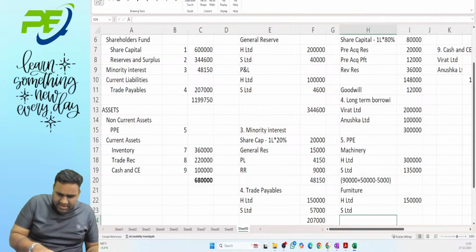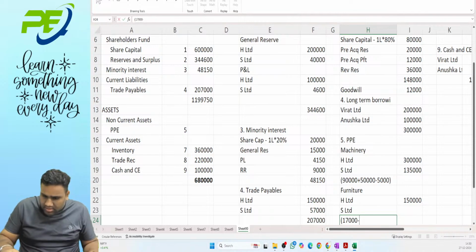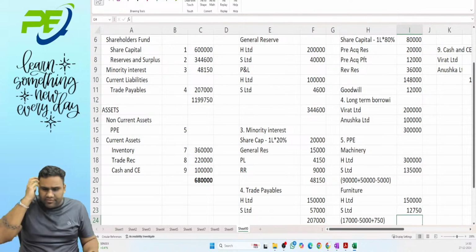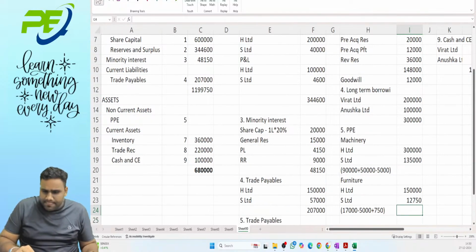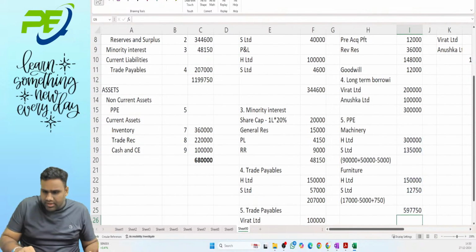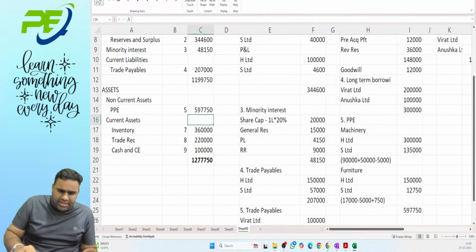For S Limited 17,000 minus 5,000 plus 750, 12,750. So that is our PPE. So total 597750. Everyone, can I continue?